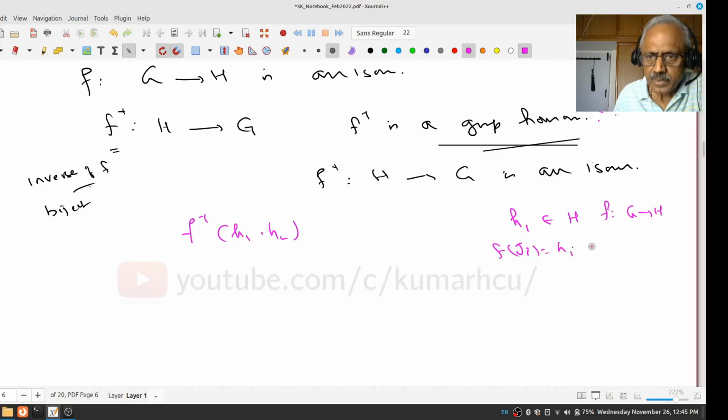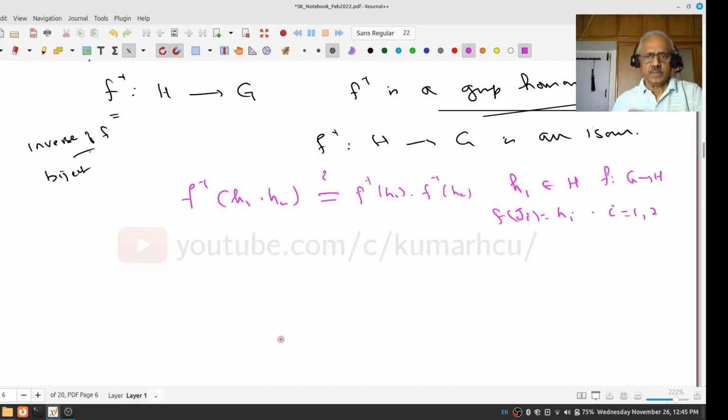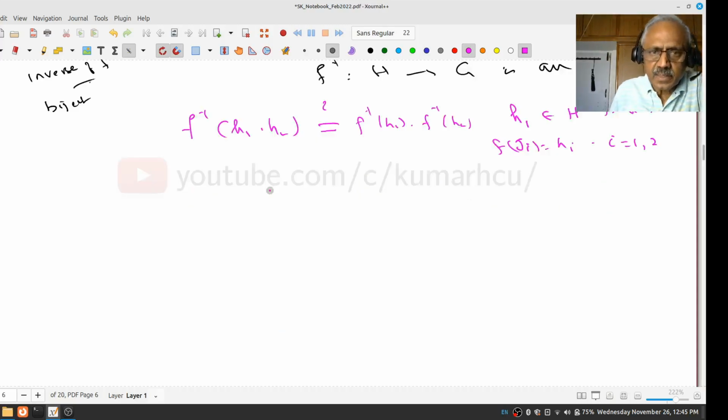Similarly, F of Gi equals Hi. Now I have to check whether this is a group homomorphism, that is, whether F inverse of H1 H2 is equal to F inverse of H1 times F inverse of H2.